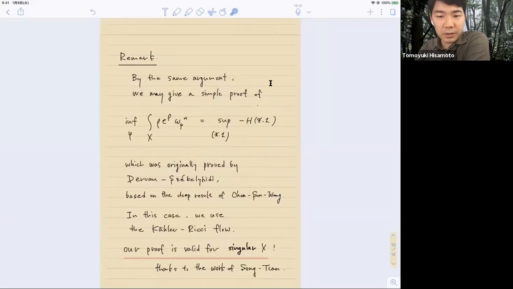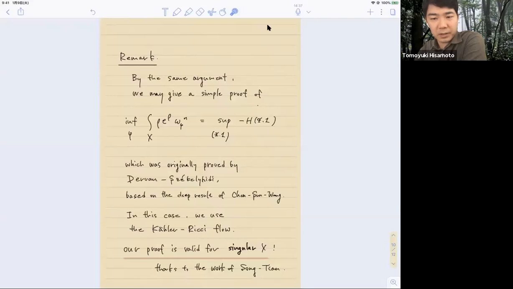Are there some questions? I have a question in the chat. Does the flow always converge to some degenerate PSH metric? PSH metric on what space? On the same space?